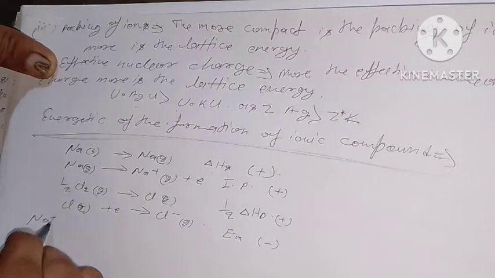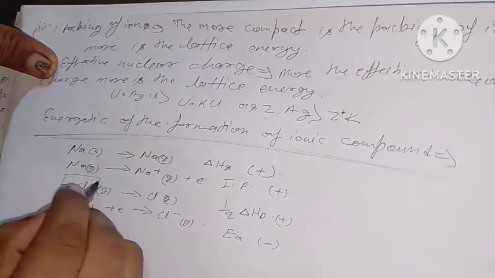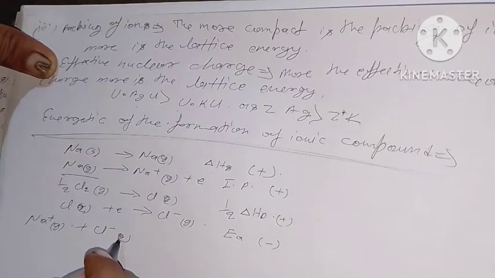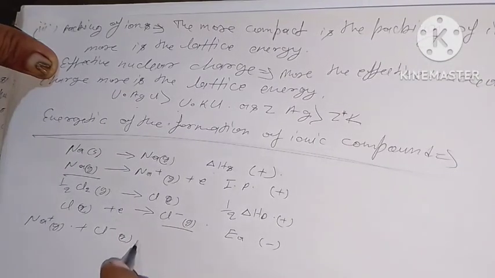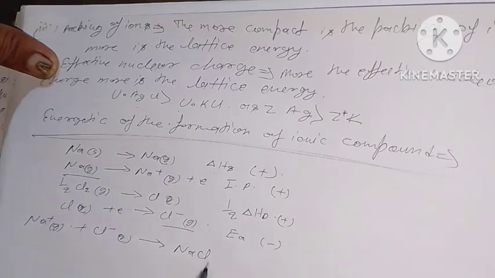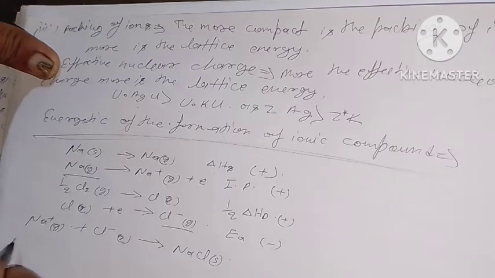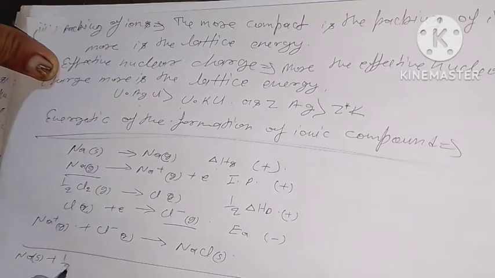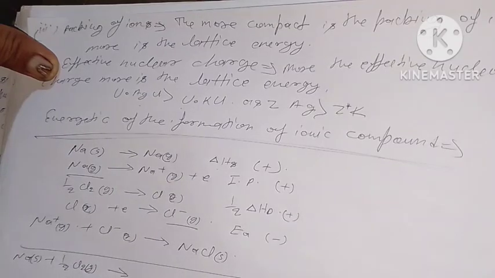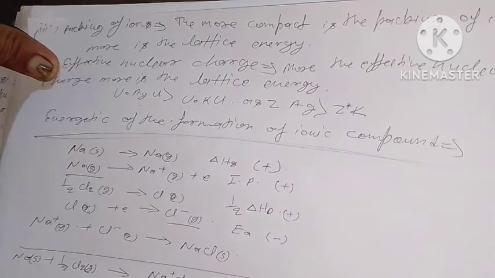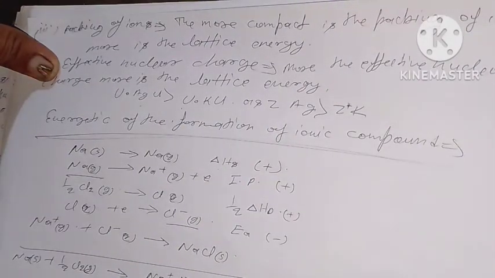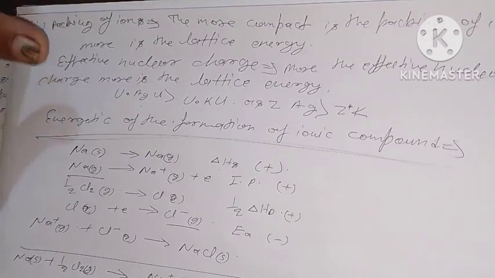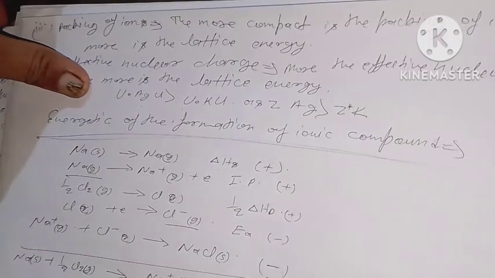Finally, Na positive gaseous plus Cl negative gaseous gives NaCl in solid state, that is lattice energy. Overall, Na solid plus 1 by 2 Cl2 gaseous gives Na positive, Cl negative ions in solid state, with delta HF negative.